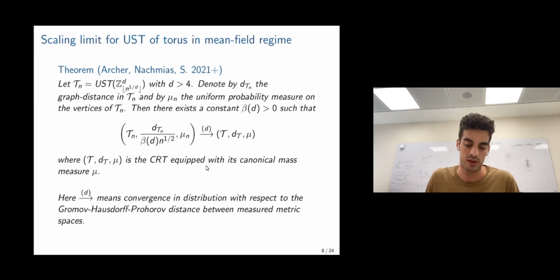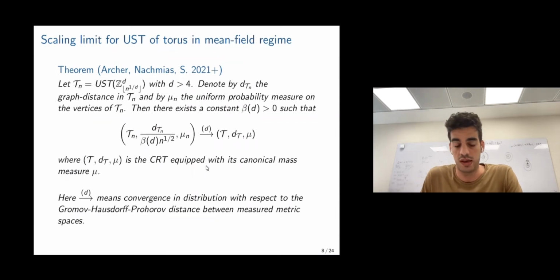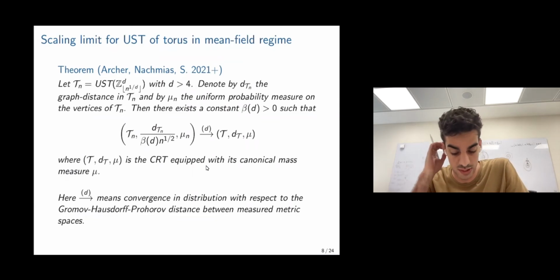And the most natural graph to consider then, if we look at finite graphs, is the d-dimensional torus. So we look at the d-dimensional torus when d is strictly larger than 4. The side length is going to be n to the 1 over d, so the total number of vertices will be n. And we simply take the UST of this sequence of tori with the number of vertices going to infinity.